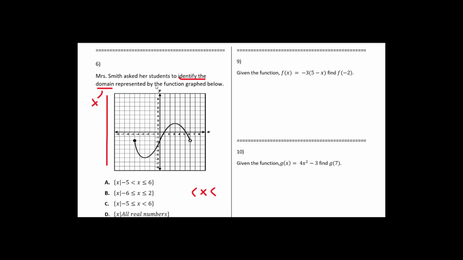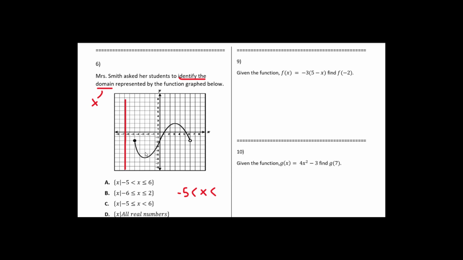There we go. And what I'm going to do is I'm going to imagine this vertical line moving from left to right. And if I notice right there, the first place I touch is right there, which is at -5. So that means my first value there is going to be at -5.